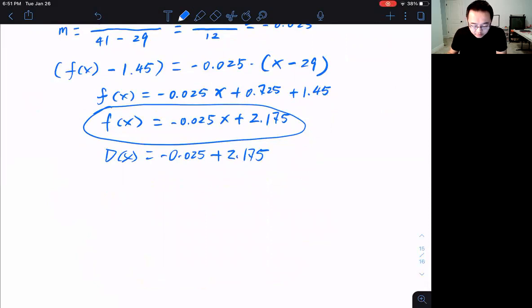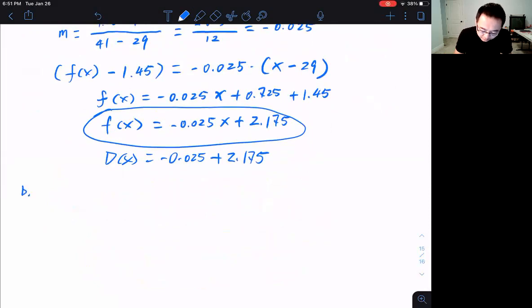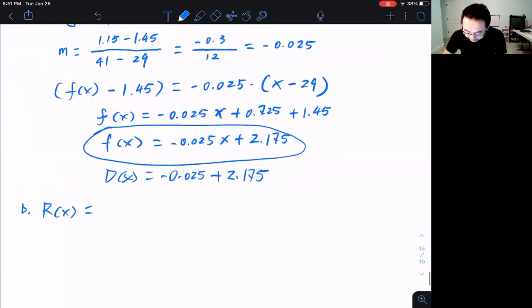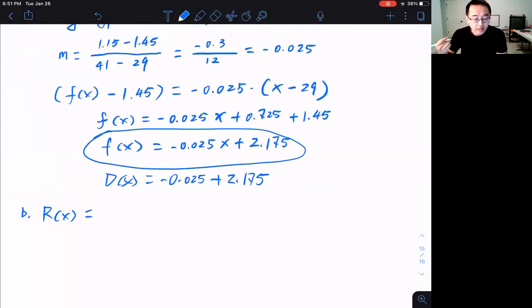Let's say, what is your revenue function? Your revenue is a function of x. X is the quantity, how much you can sell, times the price.